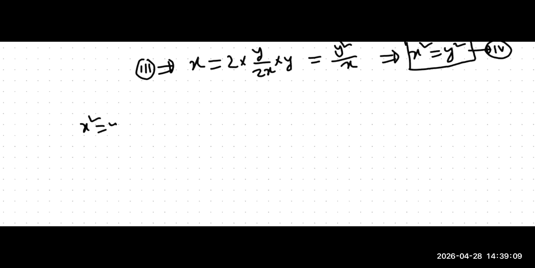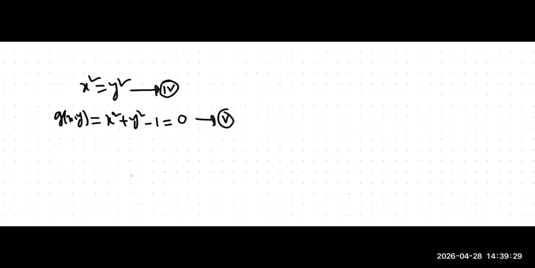This is our equation number 4. And from the restriction g of x comma y, we have another relation of x and y, which is x square plus y square minus 1 equal to 0. So let's say this is equation number 5. So put x square is equal to y square in equation number 5.